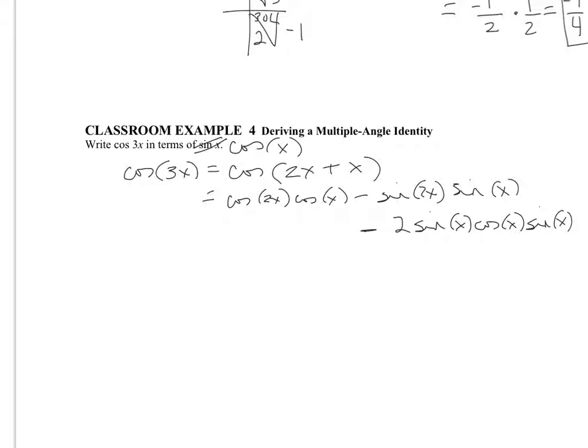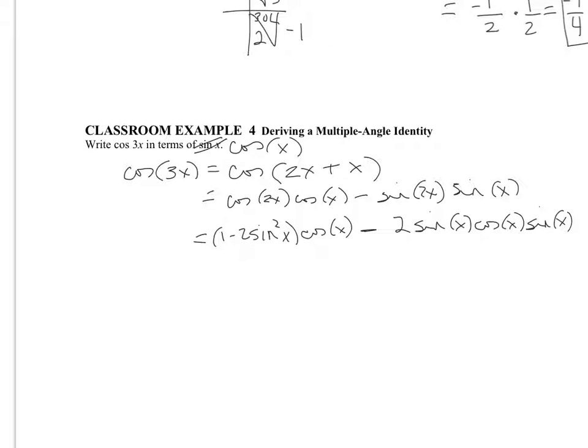Now here's what I'm noticing: when I clean this up, I'm going to end up with a sine squared, right? So what do you think might be a good option to replace my cosine 2x with? How about the one that uses sine squared? So let's rewrite the cosine of 2x as 1 minus 2 sine squared of angle x times the cosine of x. And let's see what happens.